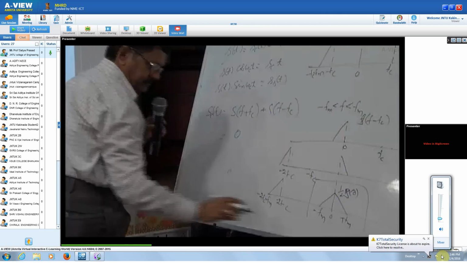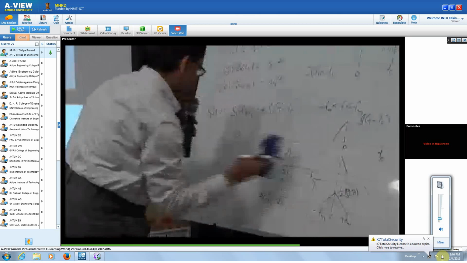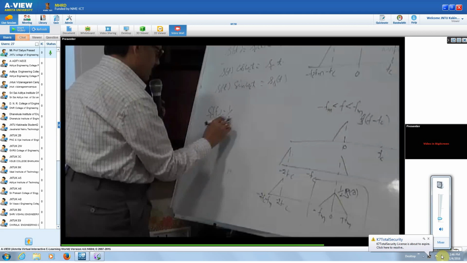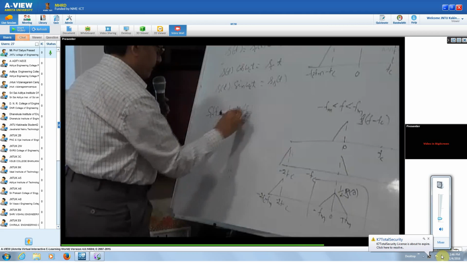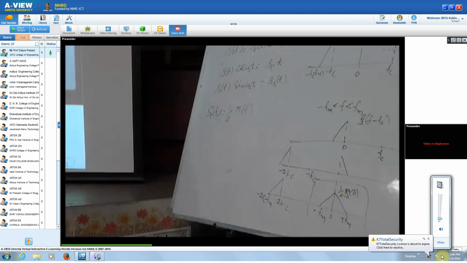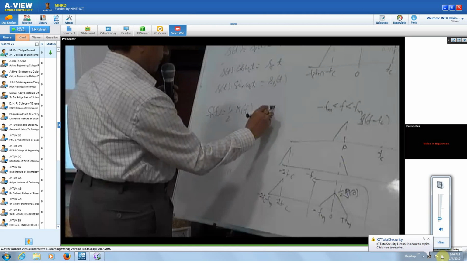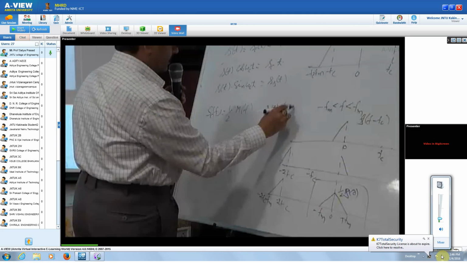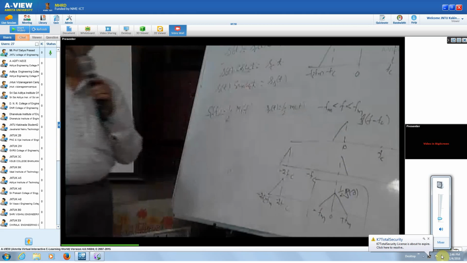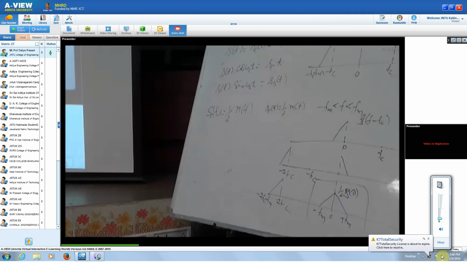SC of f after the low pass filter will be equal to 1 by 2 M of f, or your SC of t is 1 by 2 m of t. Okay?